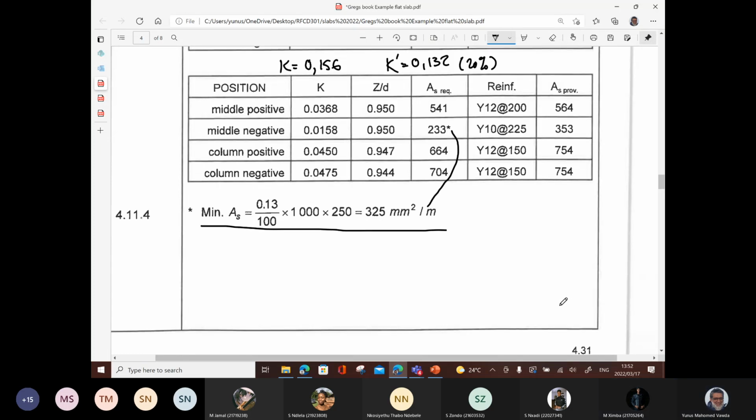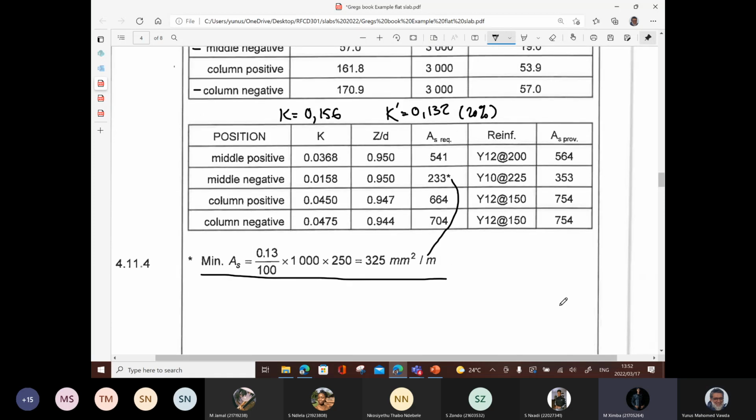So please repeat that comment for me. You said it must be higher than, between two. So in other words, your middle negative required is 233. When you do the calculation, M upon 0.87 FYZ, it comes to 233 millimeters squared per meter. But the minimum steel required is 0.13%. 0.13% is 325.